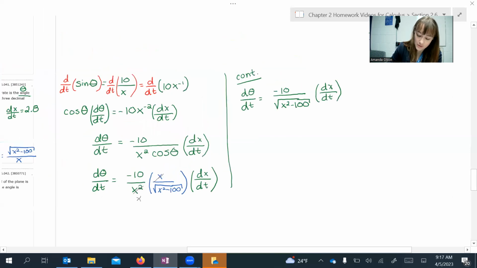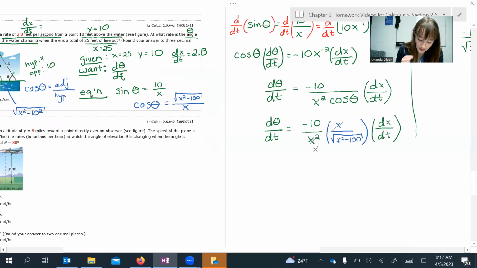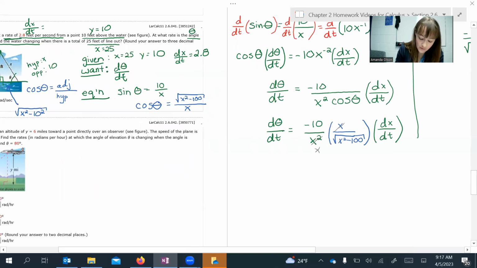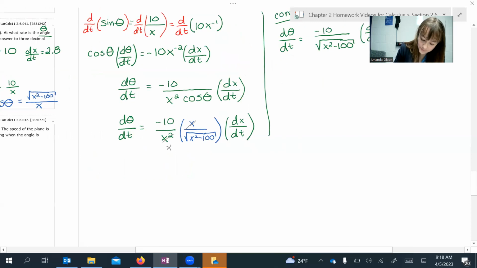Okay, so now I'm going to plug in my specific values because I'm looking for a rate of change at a specific point in time. So I'm going to plug in my 25 for x. I'm going to plug in my 2.8 for my dx dt.